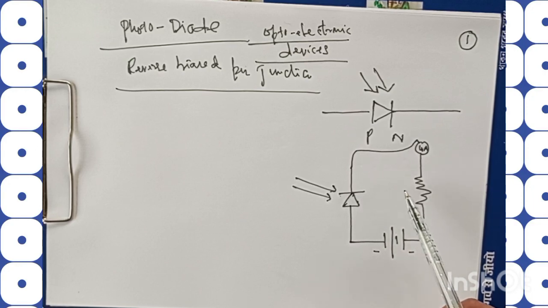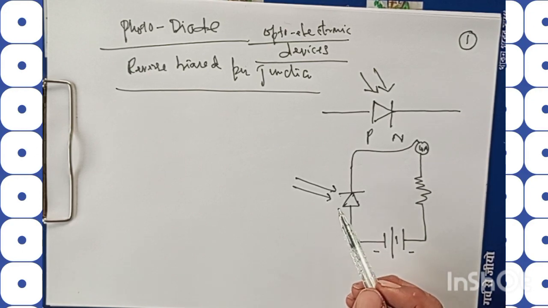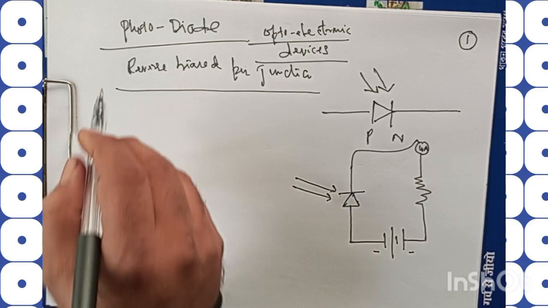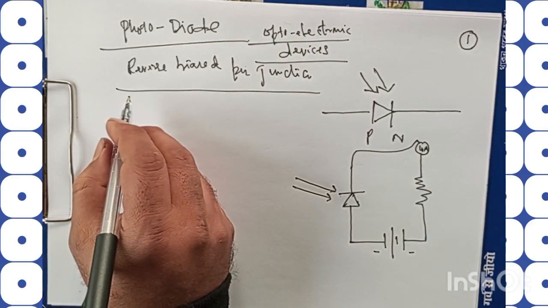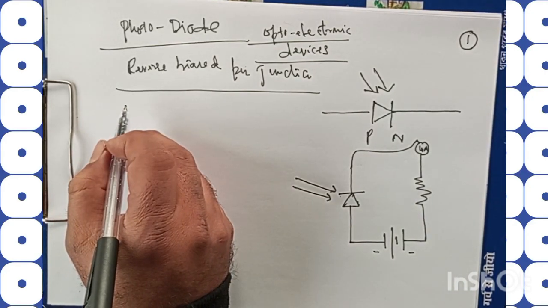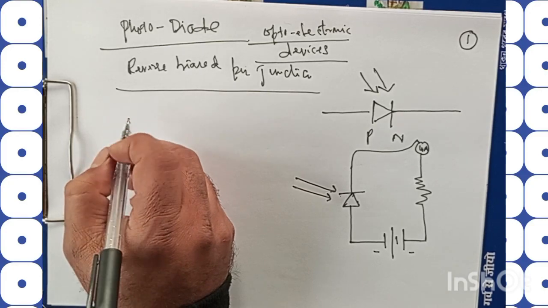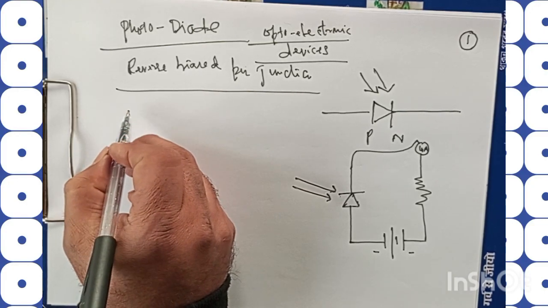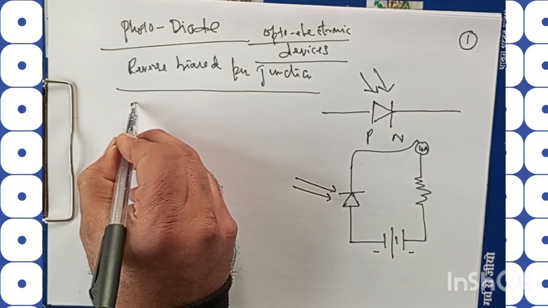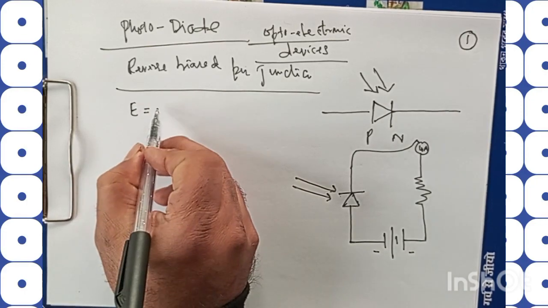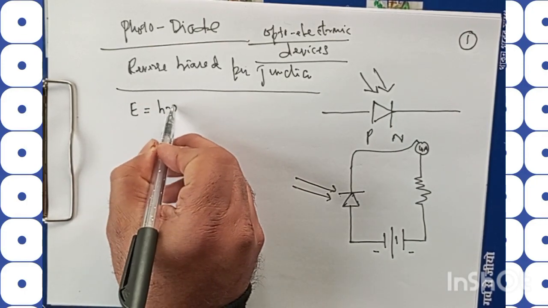Now, in order to understand the voltage current characteristics of this photodiode, what happens is when the light falls, light has energy, and that energy, according to Max Planck, is h nu.